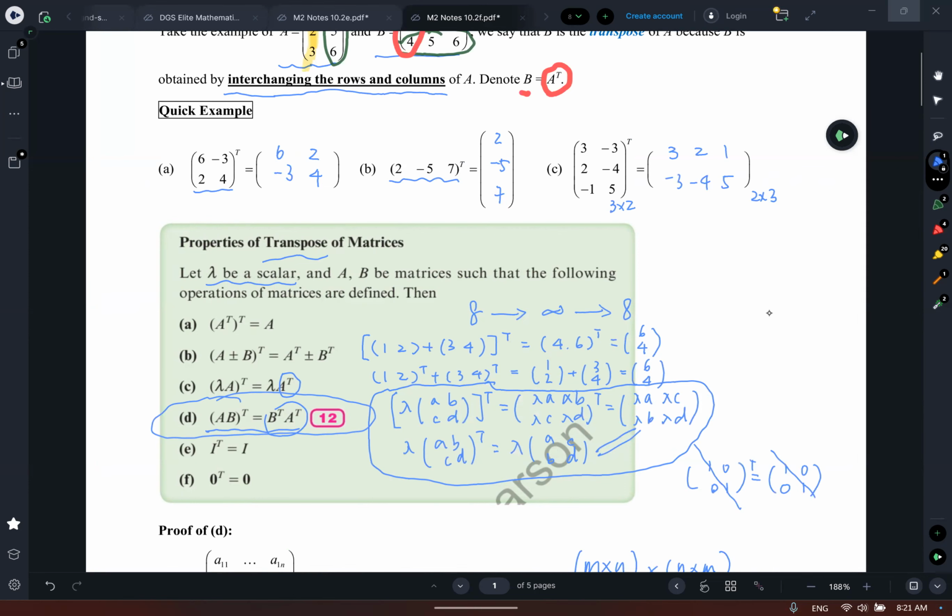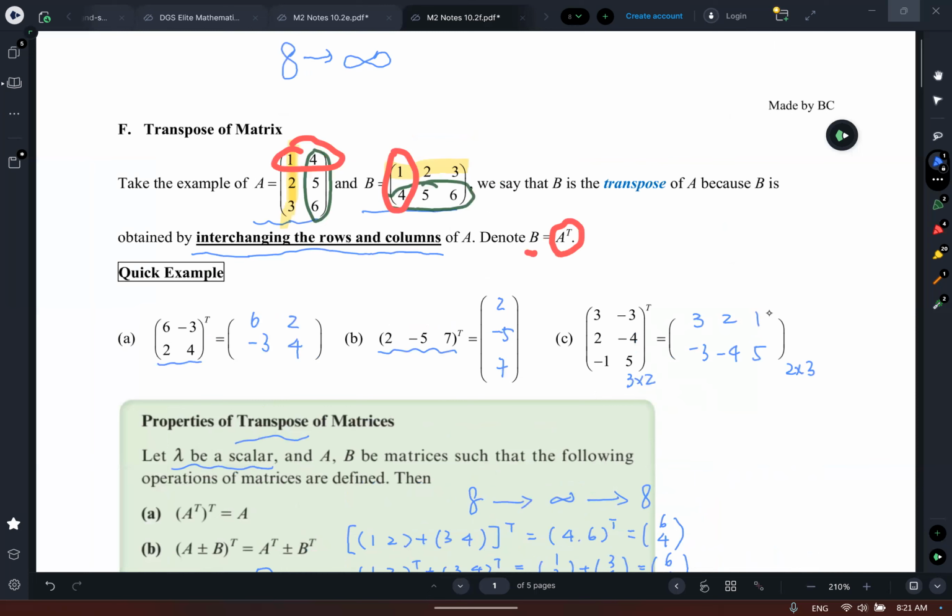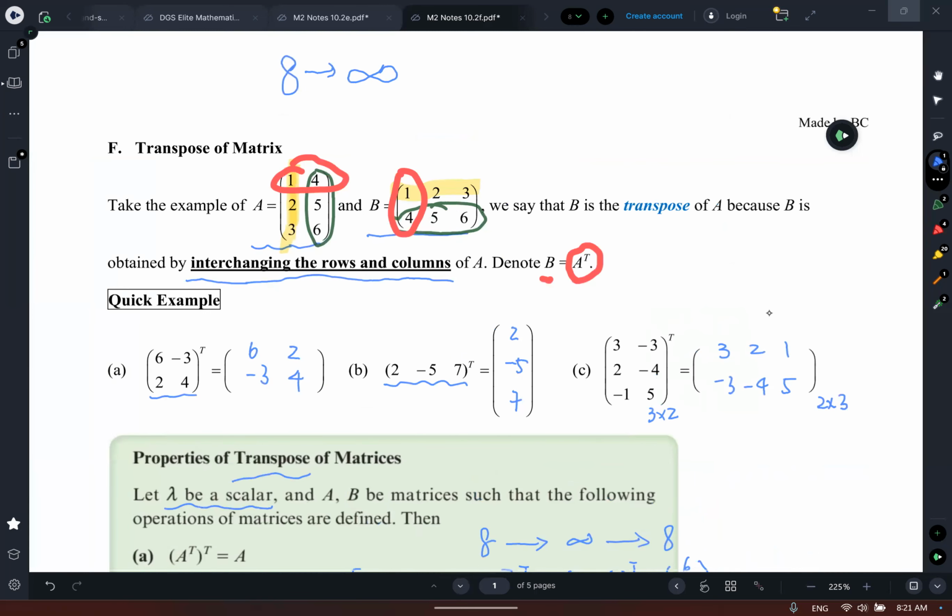The meaning of the transpose, this operation, I think you can compare to taking a reciprocal, for example. In the past, when we learned about numbers, we learned this is 1/5, and it has a reciprocal that's 5. That's an operation. The process of finding a reciprocal of a number is an operation.